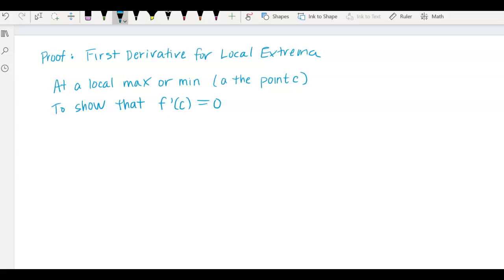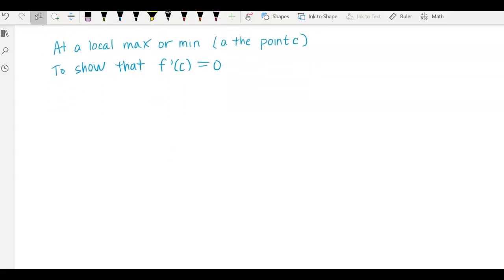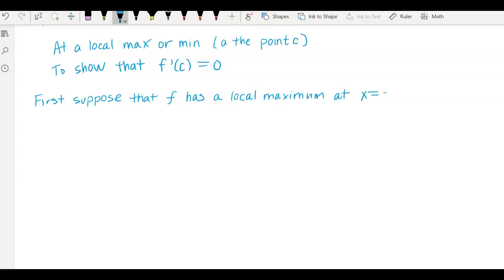And I'm going to do the proof once for local maximum because the proof is almost the same for local minimum. All right, so let's first suppose that our function f has a local maximum point at x equals c, some value c.